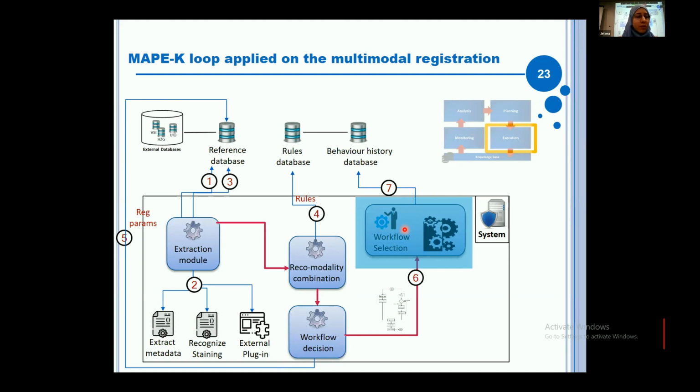Then the system stores the information about the registration workflow execution and the accuracy of the registration in output, and puts this into the behavior history database. After many iterations, it builds a historical of the system behavior. Based on this historical, the system improves the choice of the workflow selection.